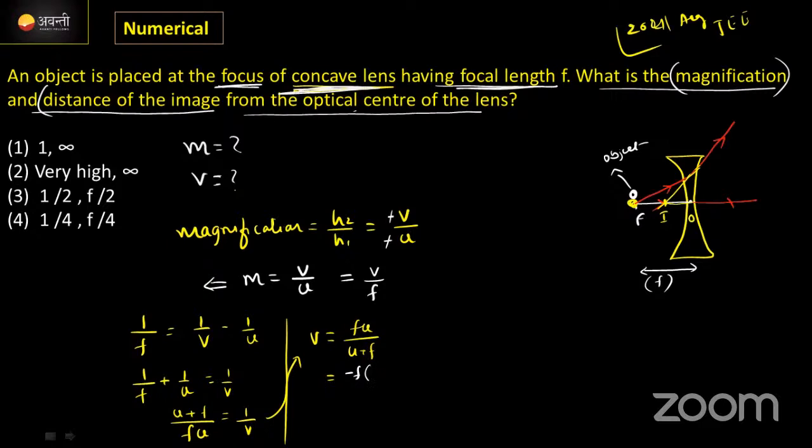Minus f होता है divided by u as itself. Object distance again minus f plus focal length again it is minus f. Correct now. Then it will become minus f square divided by minus f minus f. क्या होता है? Minus 2 times f. Minus f cancel हो गया ना.